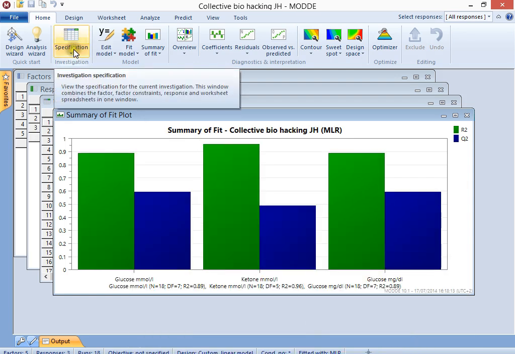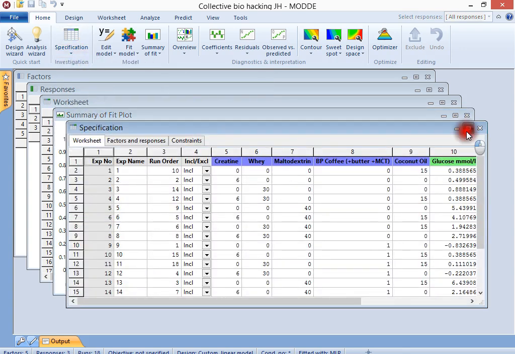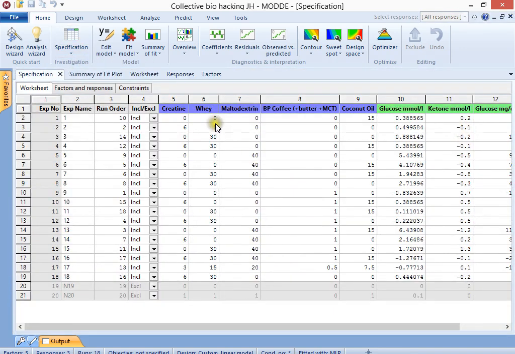If we look at the design, whey protein is on 0 8 times, and on 30 grams 8 times. That means that we have 8 experiments low and 8 high, and the model will then take the average outcome of whey protein. Does it increase or decrease glucose?